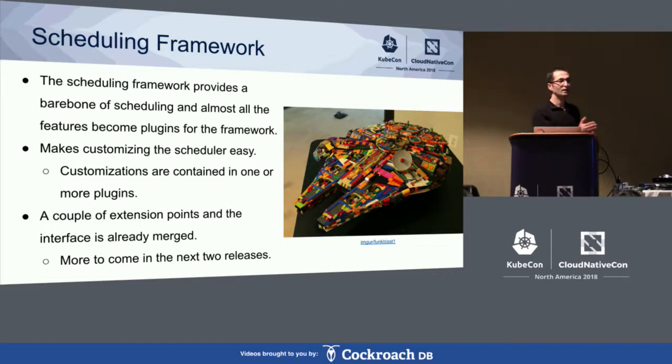Essentially, it provides a bare bone of scheduling, which includes a scheduling queue and a cache and some event handlers for updating that cache. And then the rest of the features of the scheduler become plugins for the scheduling framework. So essentially, all these filters that we sometimes refer to as predicates and all the priority functions used for scoring nodes, all those become plugins for the scheduler.